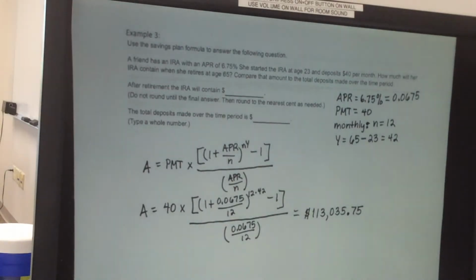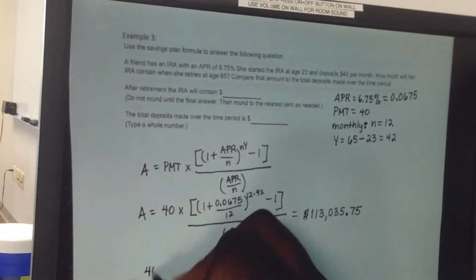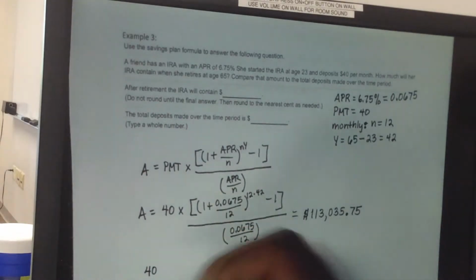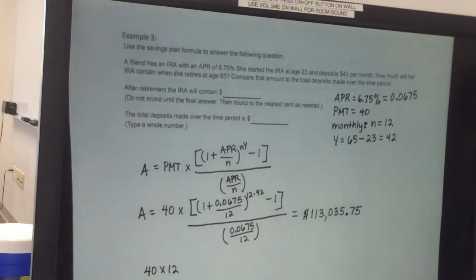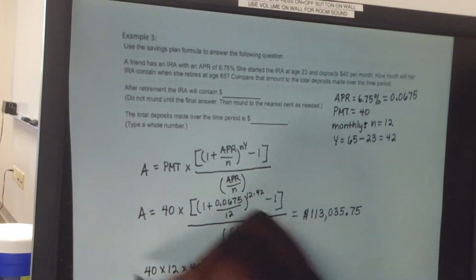That's the amount that will be in this individual's IRA account after 42 years. And now we want the total deposits made over that time period. Well, she made $40 deposits on a monthly basis for 12 months and for 42 years.